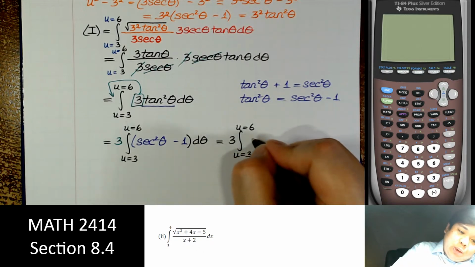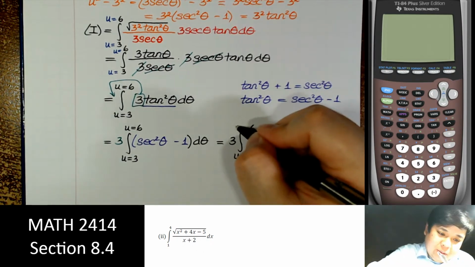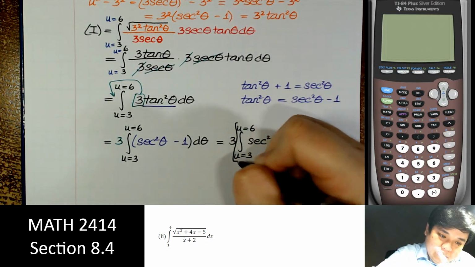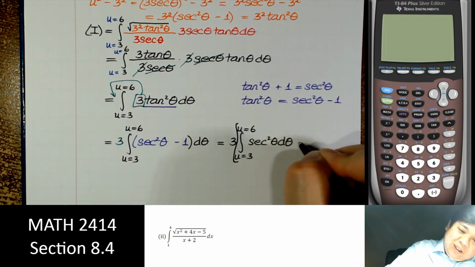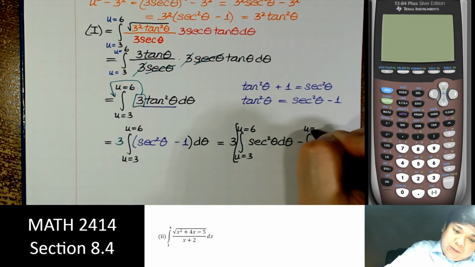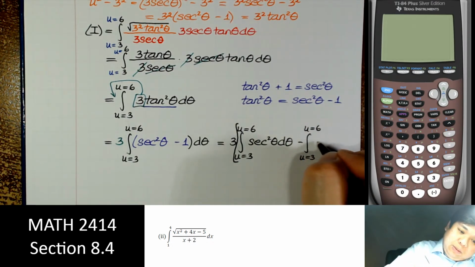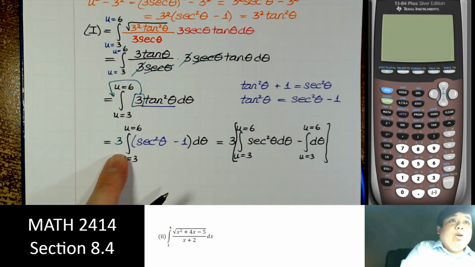Let's split this in two. Sorry, there's a bracket. When we split this in two, we still have the 3 on the outside.